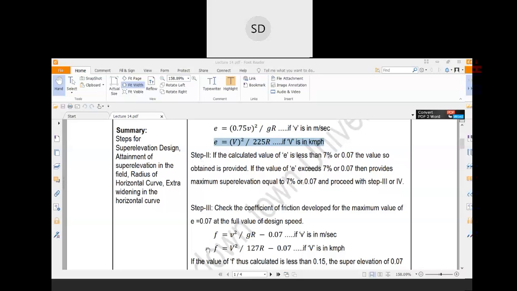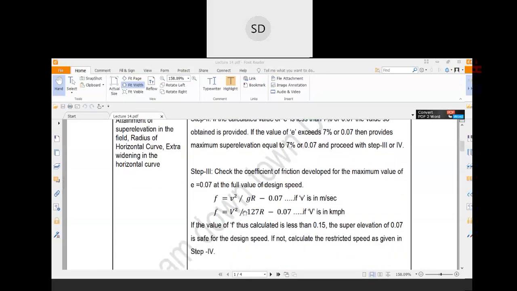So in step 3, you have to find out the coefficient of friction value considering full design speed and the maximum value of the super elevation. So we put the value of E as 0.07 and find out what F is.